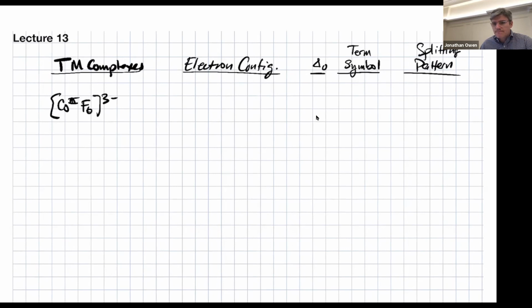Nobody? It's D9. Cobalt is one column to the left of nickel, palladium, platinum, which have 10 d electrons. Cobalt, rhodium, and iridium are adjacent to nickel, palladium, platinum, so they start out with 9. And we concluded this was a cobalt-3 plus, so this complex has 6 d electrons.